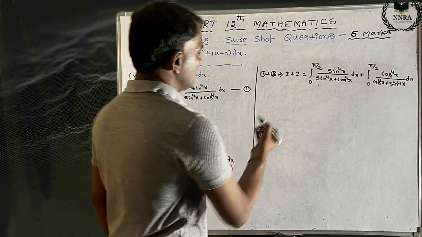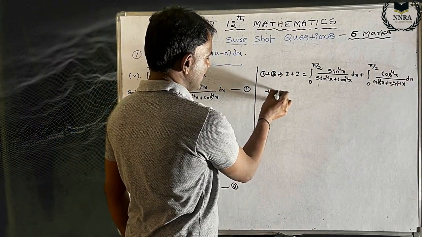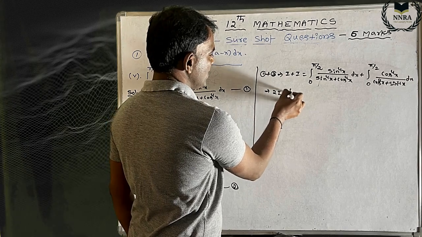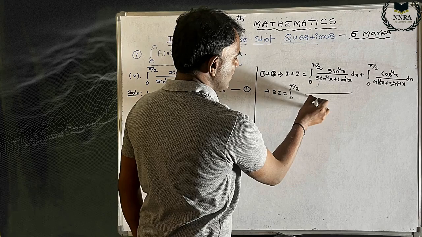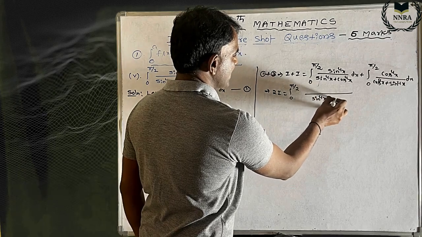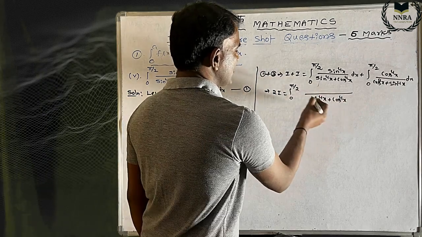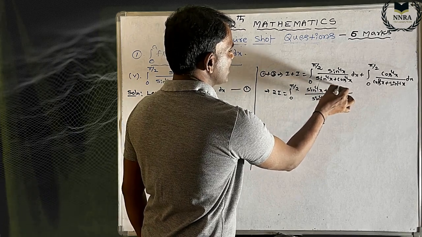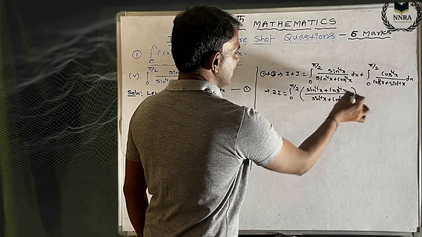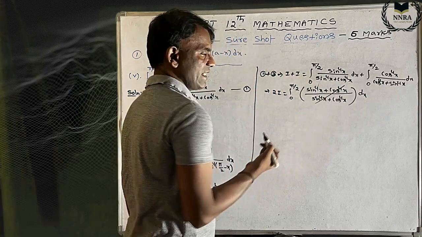Okay, now I plus I is 2I, then 0 to pi by 2, and the LCM is sin^4 x plus cos^4 x, and the first term of the numerator sin^4 x, the second term cos^4 x, then dx.